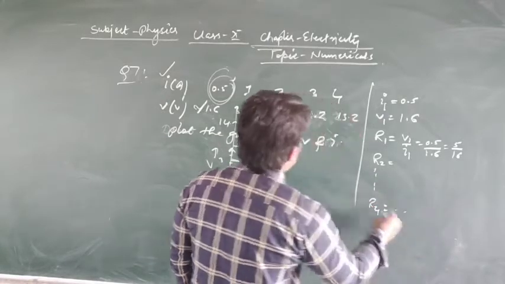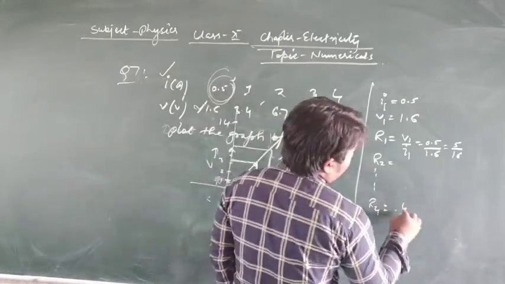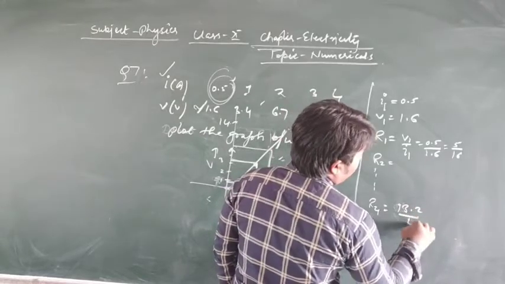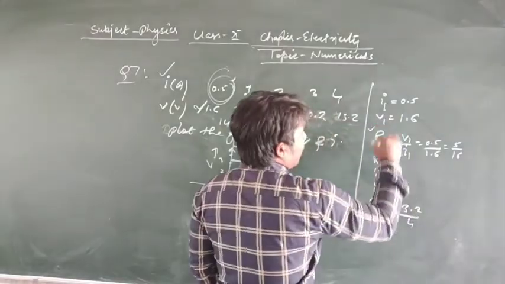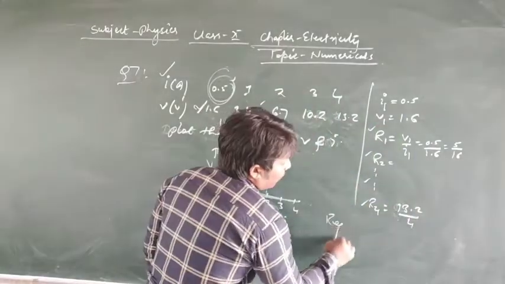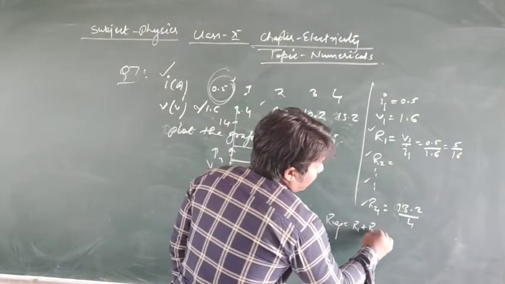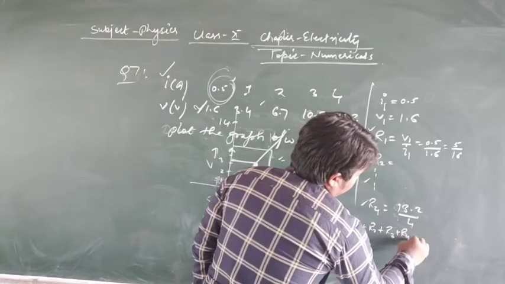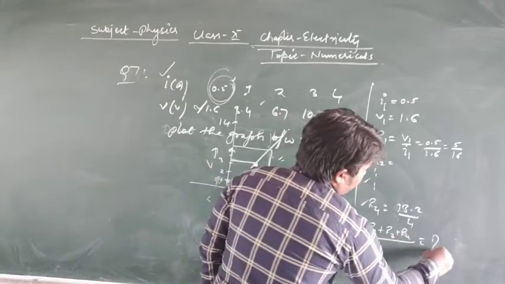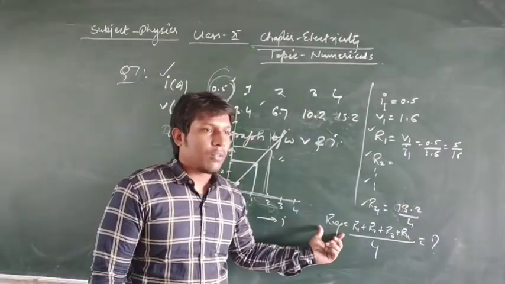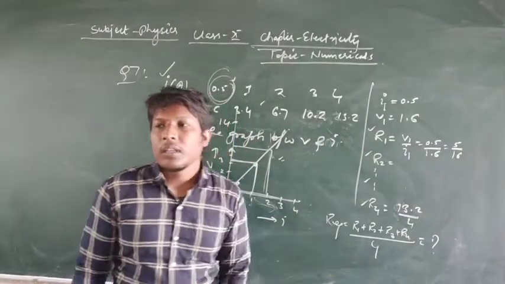So you will get the values R1, R2, R3 and R4. Finally, R equivalent will be R1 plus R2 plus R3 plus R4, divided by the number of values. This will be the resistance of the resistor.